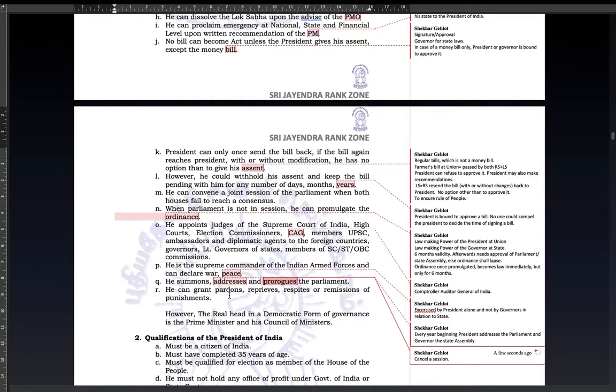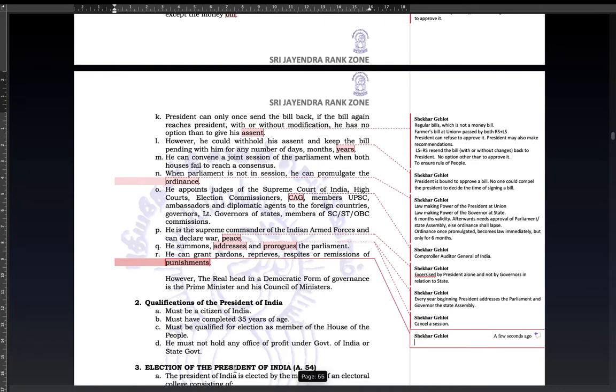He can grant pardons, reprieves, respites, or remissions of punishment. Okay, the President can grant pardon. Pardon means excusing someone, or giving freedom to someone, freedom from prosecution or the sentence.